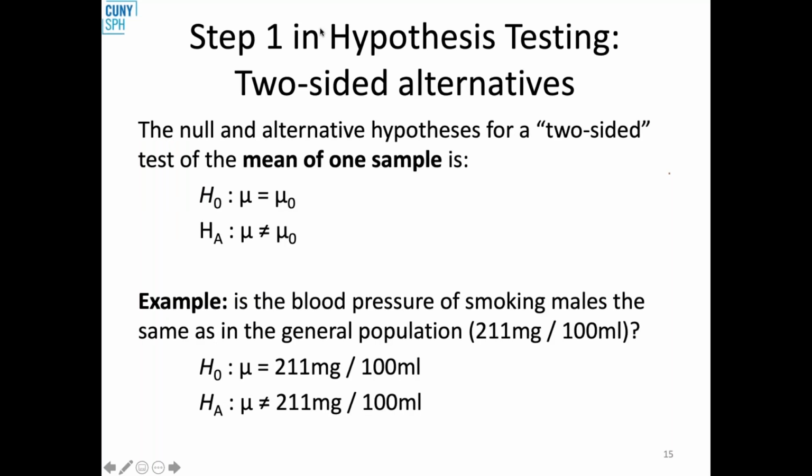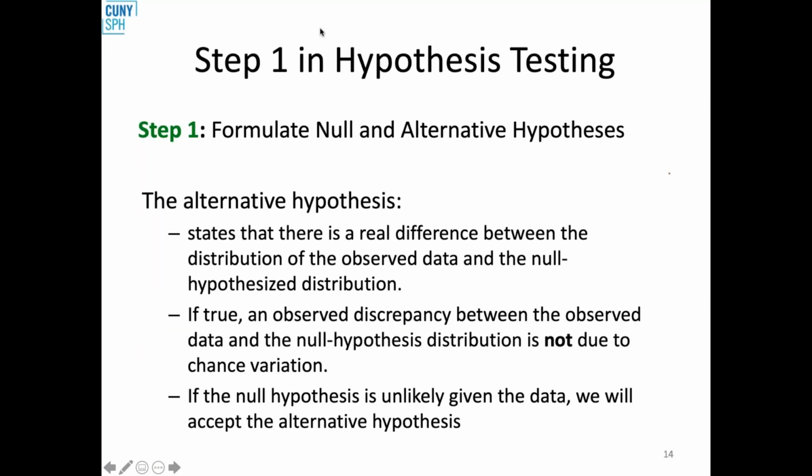But the way we do that is that instead of looking at just an alternative hypothesis, what we want to prove, we also establish a null hypothesis. In other words, we say that our assumption in this hypothesis is that there's no difference between the two groups.